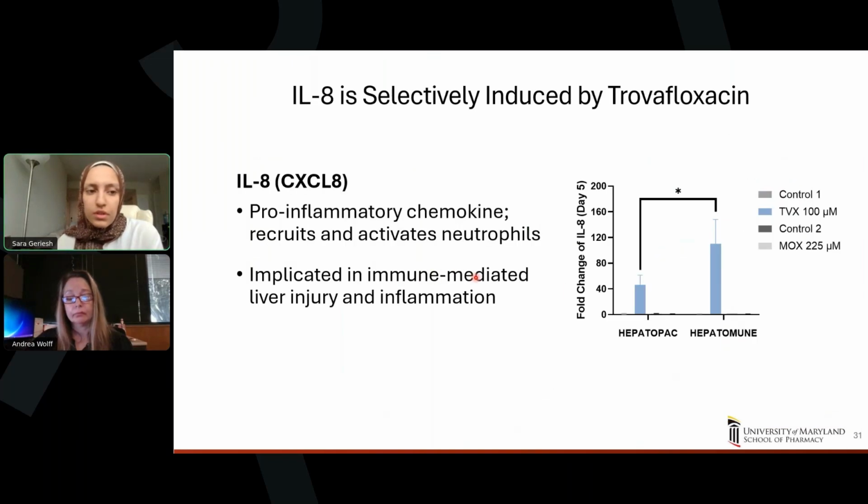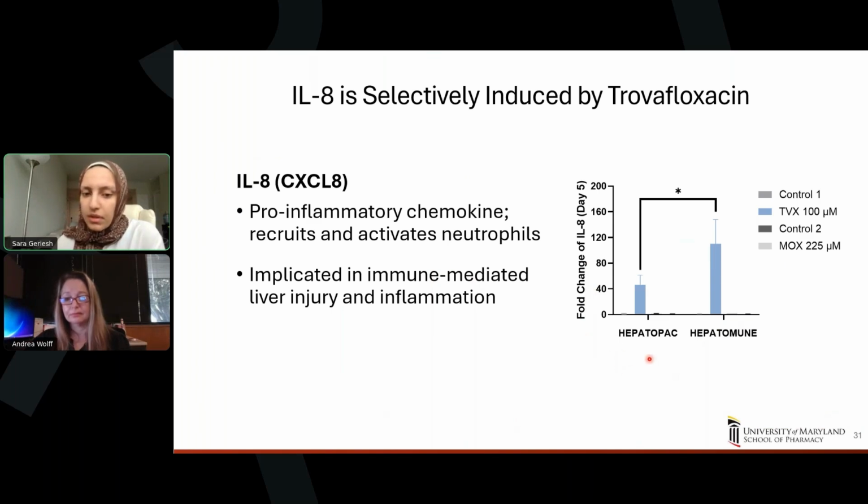And more into interleukin-8. So interleukin-8 is a pro-inflammatory cytokine, a chemokine, which is responsible for recruiting neutrophils and other immune cells. And it has been implicated in some studies where it contributes to liver damage and may exacerbate inflammation and injury. So this is the same result from the previous assay, but with fold change analysis.